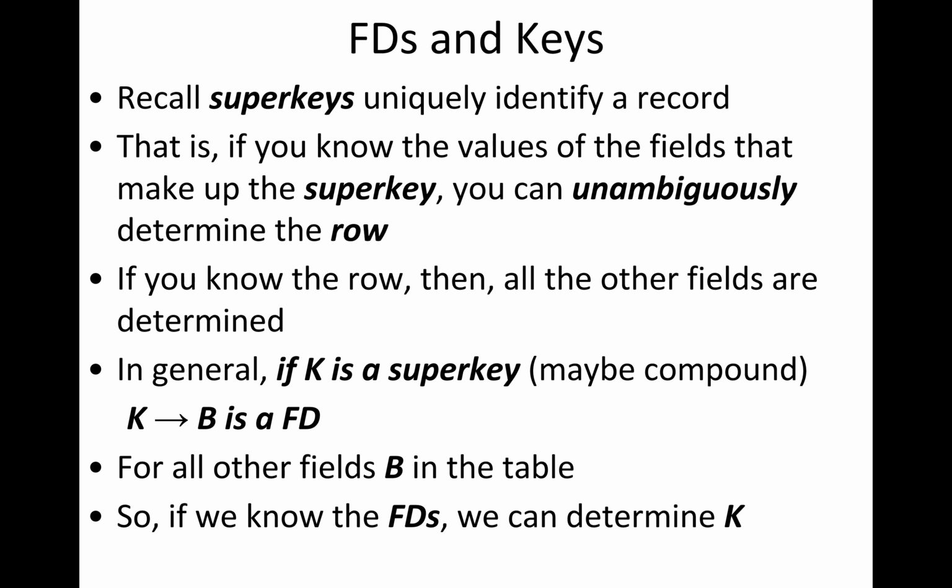If you remember what superkeys were, a superkey is just a combination of fields that in your rules should be unique. Now you might have more fields in there that don't make you any more unique, so we refer to some of those as superfluous. If I use my phone number or my social security number, at least in this country, that's enough to make me unique.